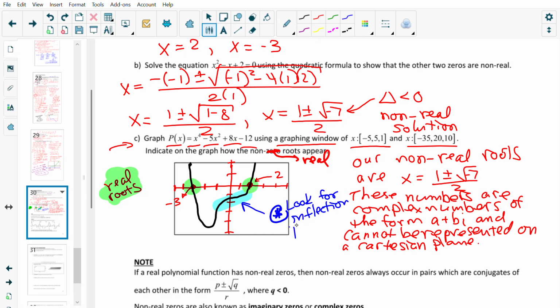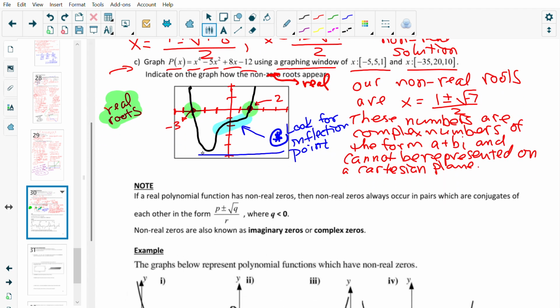Look for inflection point. And then let me just start over here. This turning point indicates, turning points indicate, the presence of non-real roots.